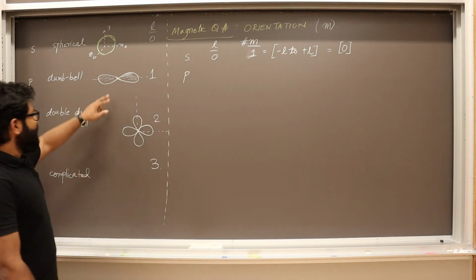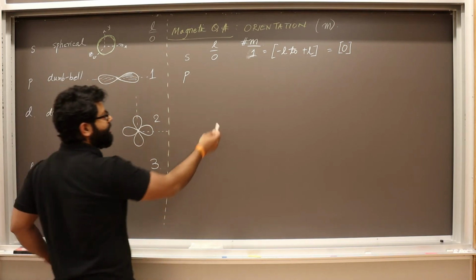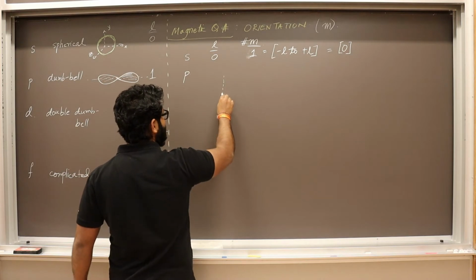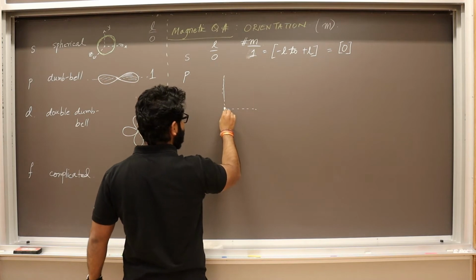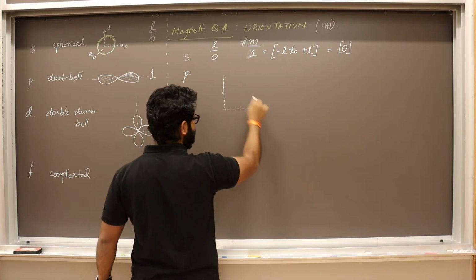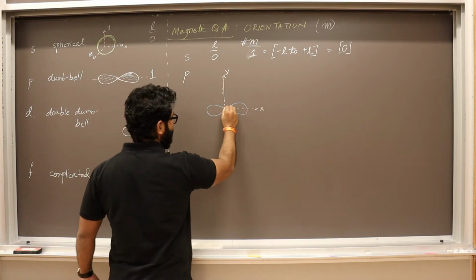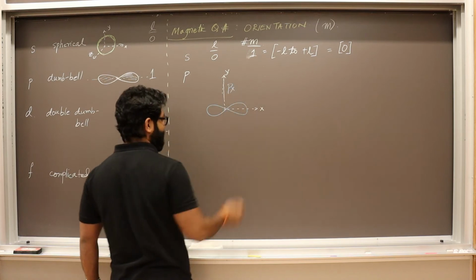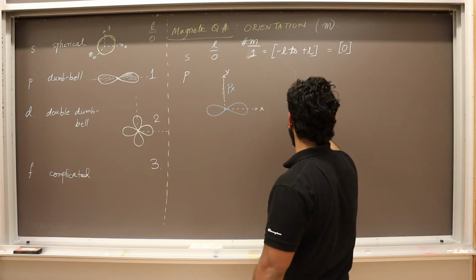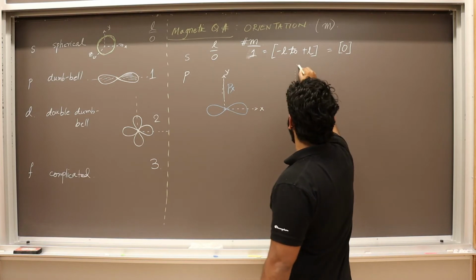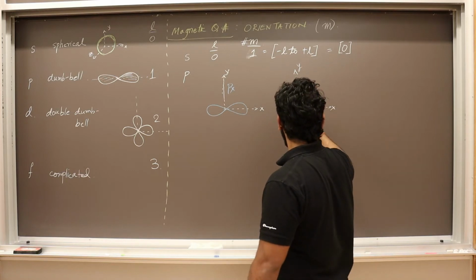Now, if this is P, you see that you can represent this in many different ways. Let's assume you have an xy axis like this. So, you have x and you have y. You can have the orbital like this. So, you can call it a px orbital. You can orient the orbital in this direction.